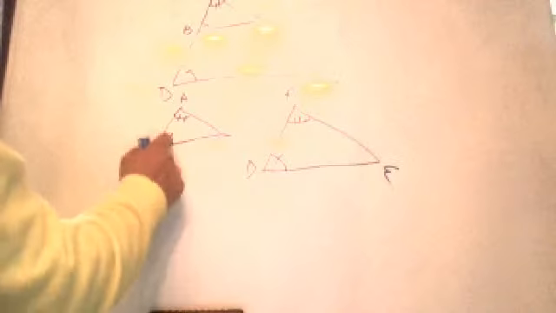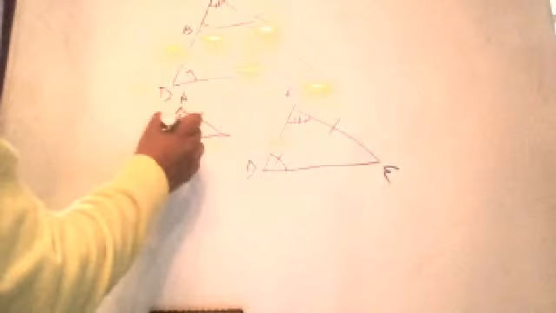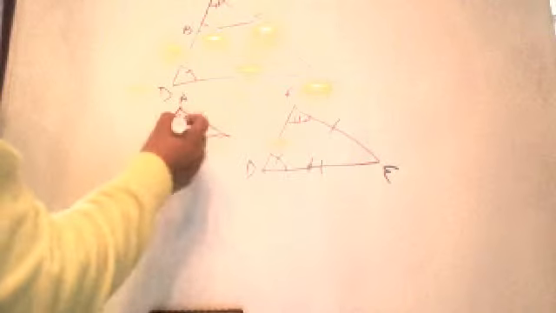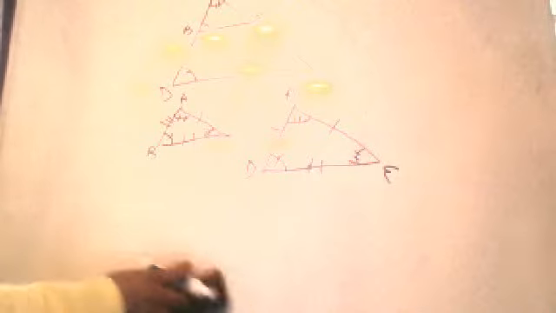So what does that mean? That means if this angle is equal to this angle, and this one is equal to this one, that means what? These three are equal. And it means that their sides are what? Corresponding sides are also not equal, but they're proportional.